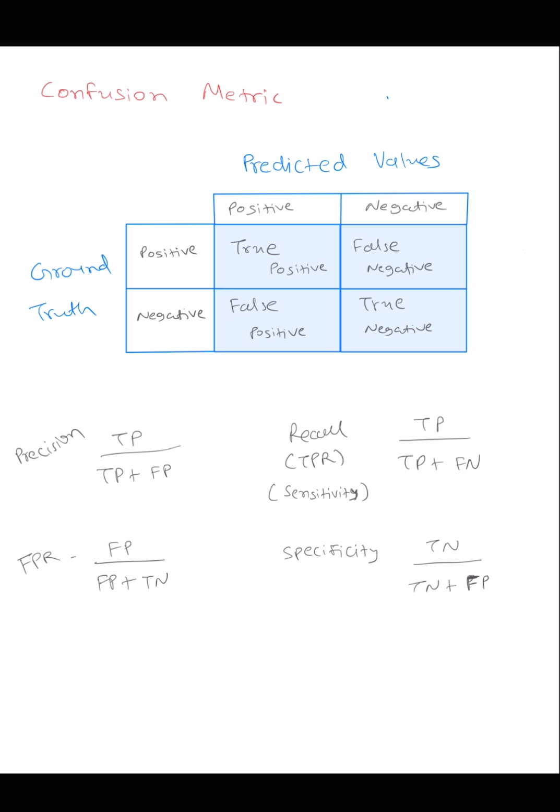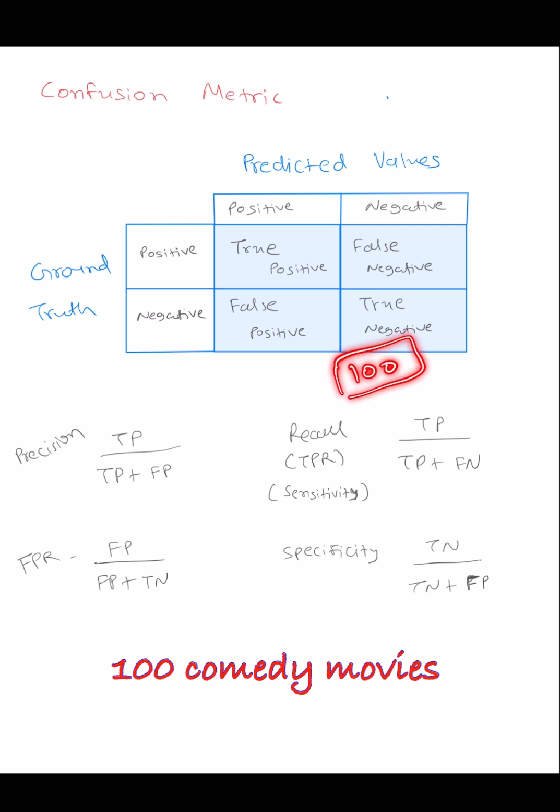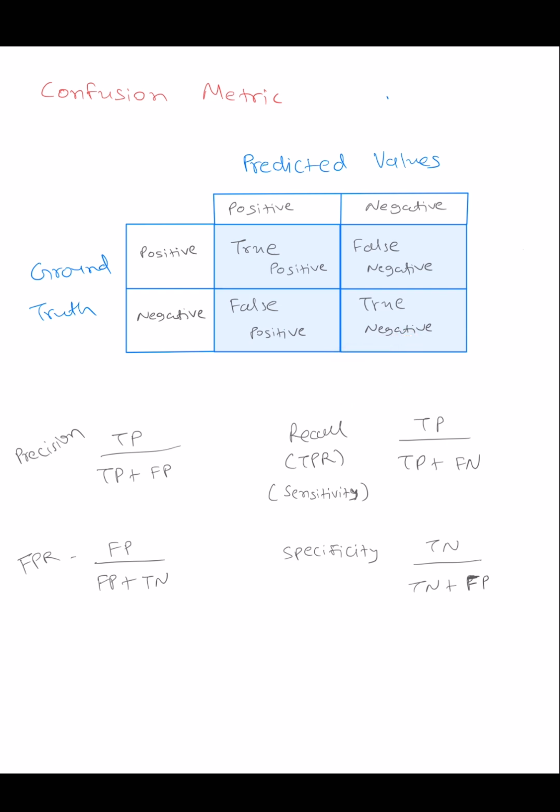So for example, if we are searching for comedy movies and we have let's say 100 movies in our database, and we have predicted 30 movies as comedy movies, then we are trying to figure out, out of those 100, what percent of movies we were actually able to retrieve, for example in the case of a retrieval problem.